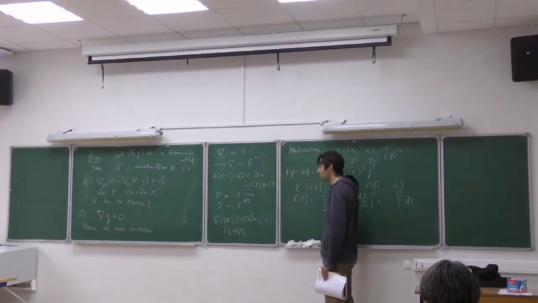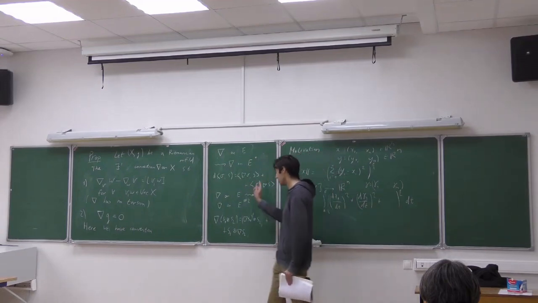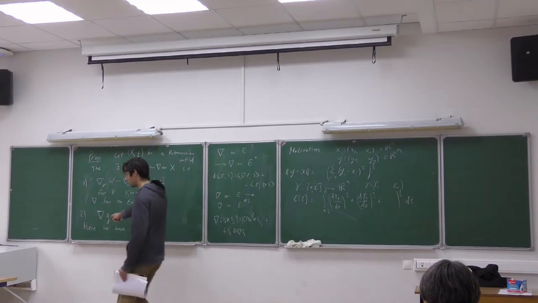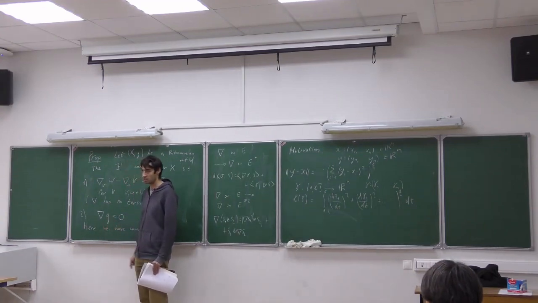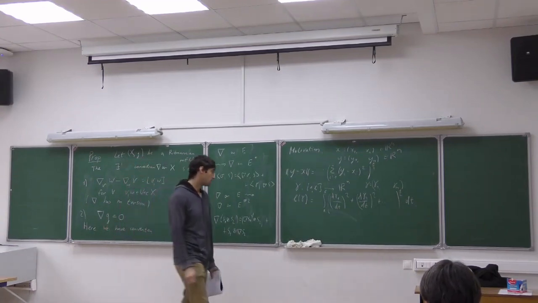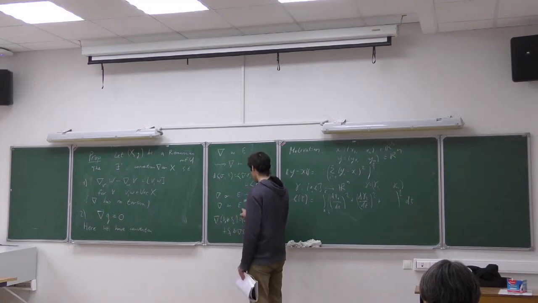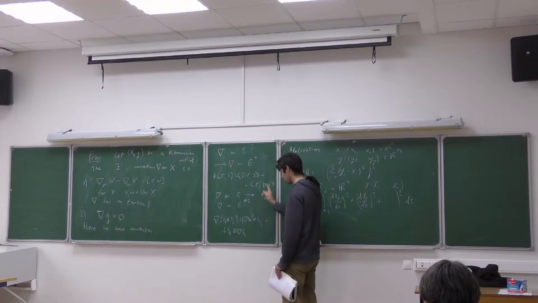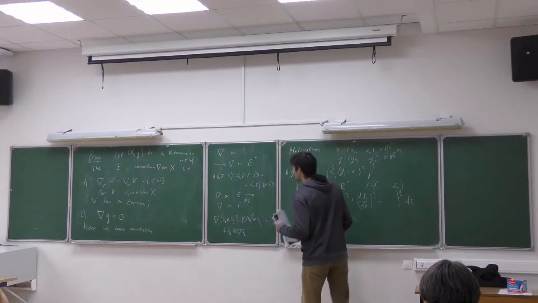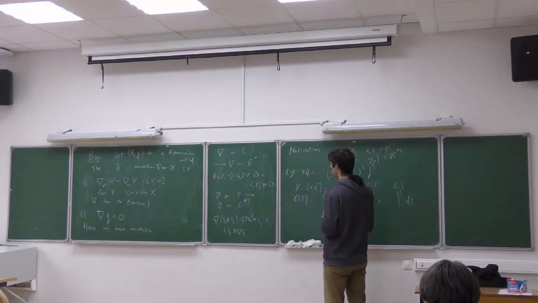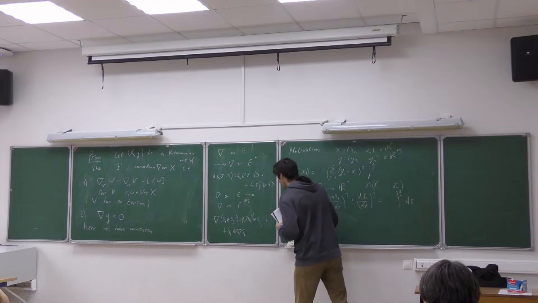And all of them are defined by the same letter, so that's what it means here. S2 lives actually in the tensor square of T star X, and so that's what we have here.